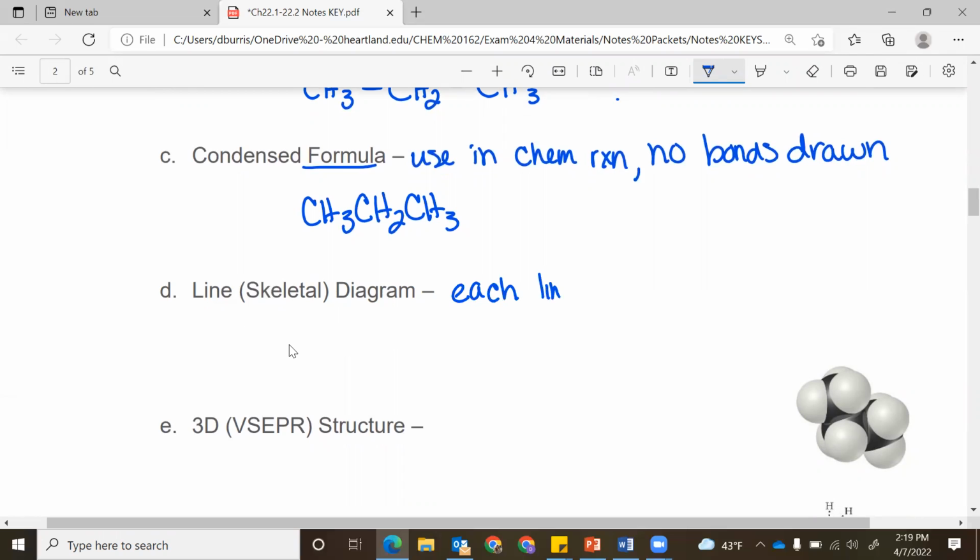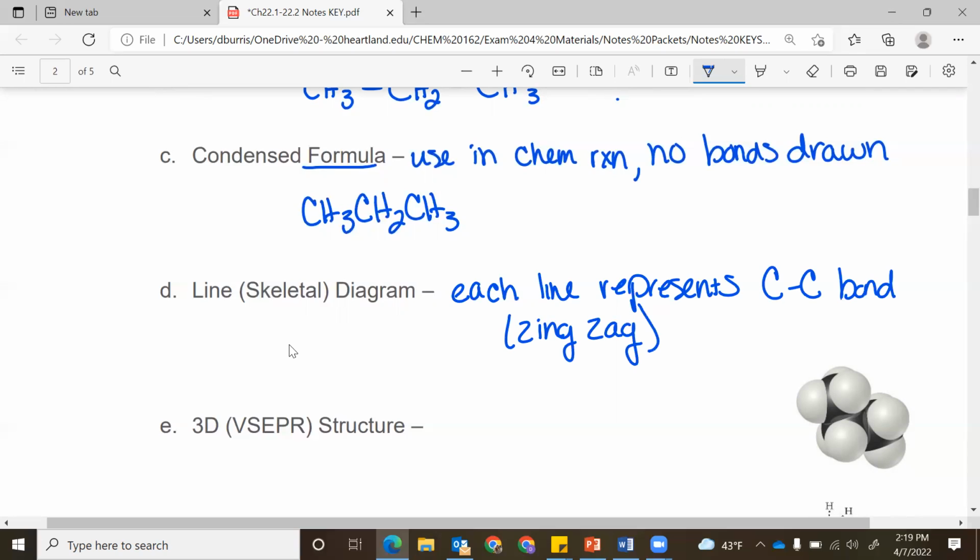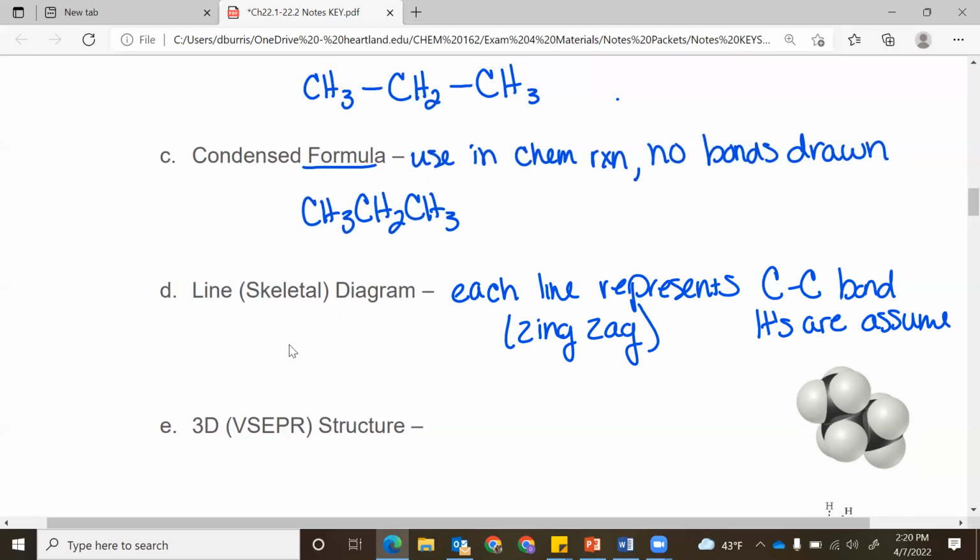So each line represents a carbon-carbon bond, and you do them in a zigzag so you can see where they begin and end. Then the hydrogens are just assumed, because we assume that it has enough hydrogens on it to make all 4 bonds on a carbon.